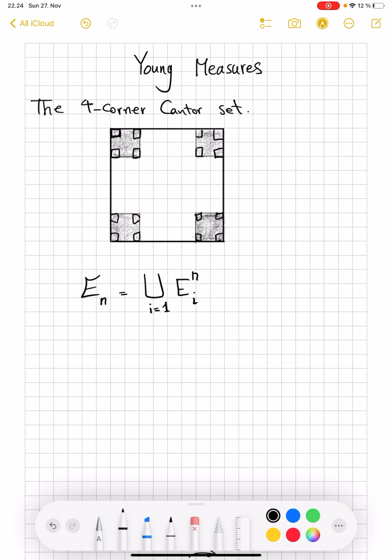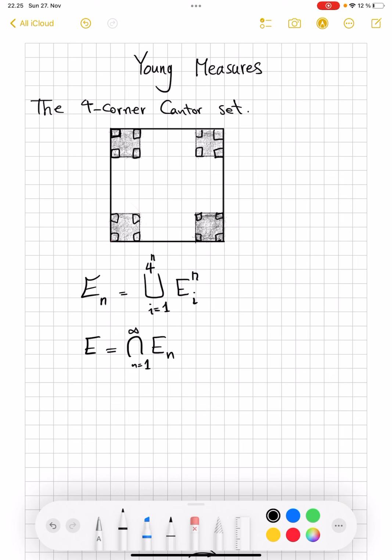You can see that every time you get 4, so this will be 4 to the power n, probably, because you can ignore stage 0, and already at stage 1 you start with 4 squares. And then the set you're looking at is the intersection of all of these.